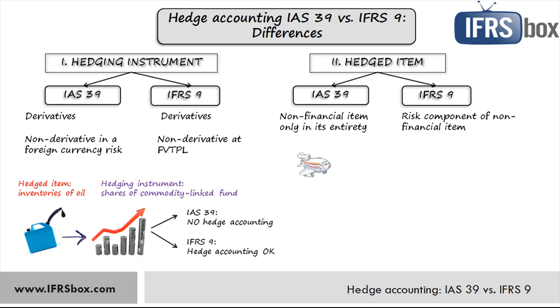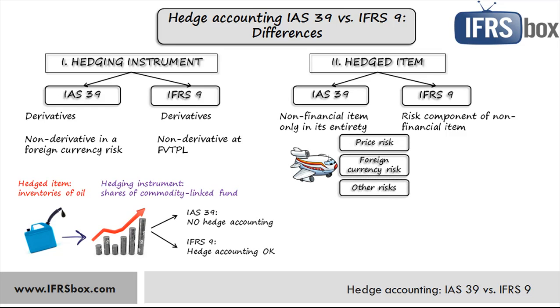Just imagine an airline who buys jet fuel regularly, and there is a significant risk here because prices of jet fuel change due to inflation, crude oil price, foreign currency rates, and other. Now imagine that an airline decides to hedge only a movement in crude oil prices, so that's just one risk component, and in order to hedge it, the airline acquires a commodity forward contract to buy crude oil.